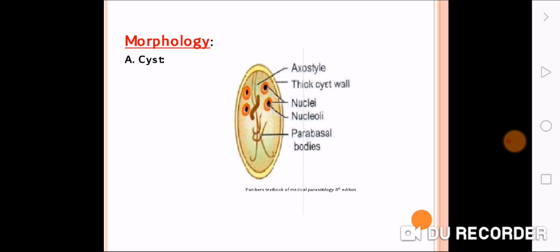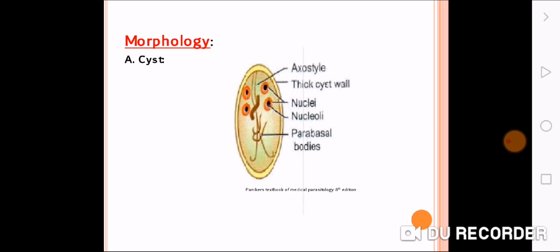Forms of Giardia lamblia: it has two forms, cyst and trophozoite. The cyst is an oval structure, measuring about 8 to 12 by 7 to 10 micrometers.